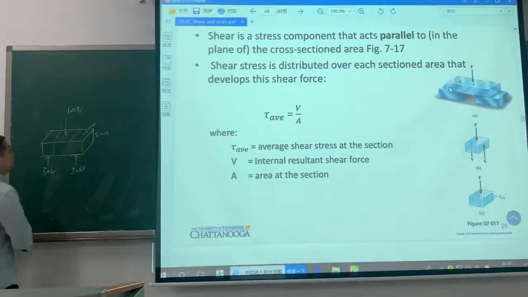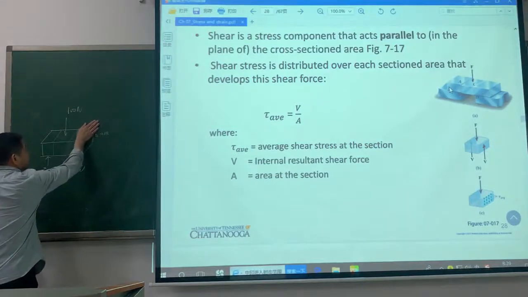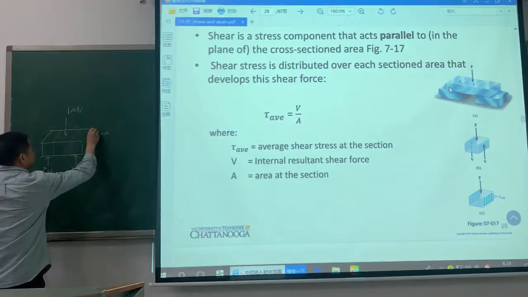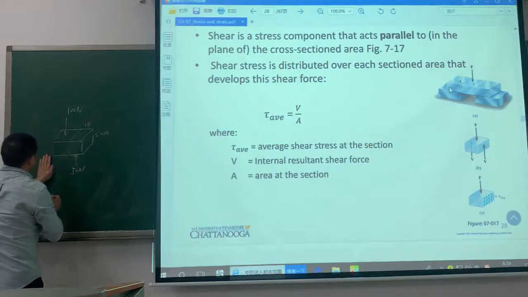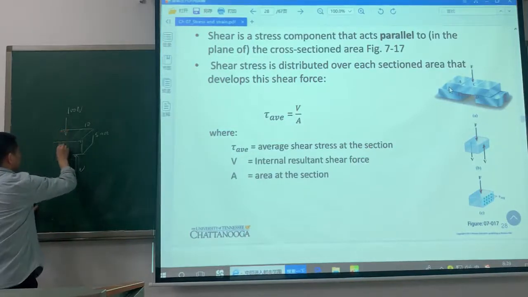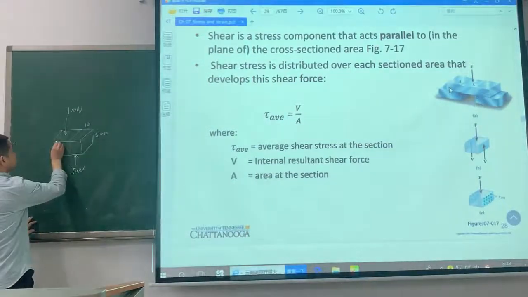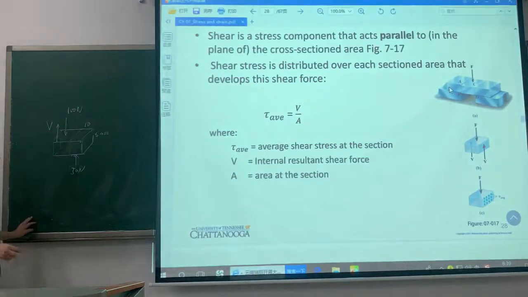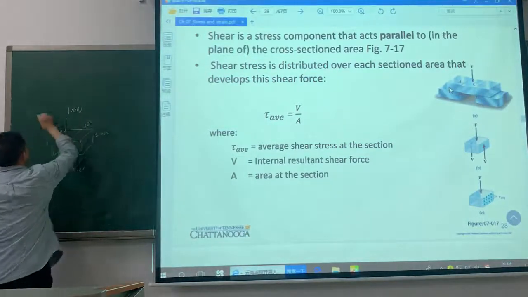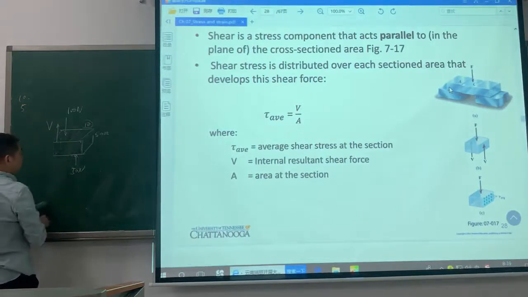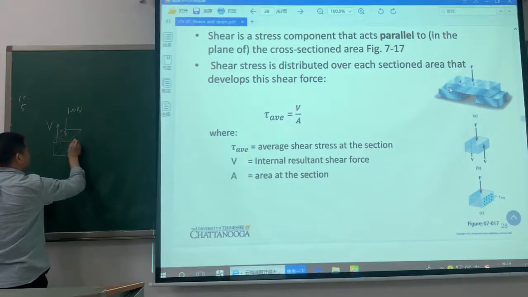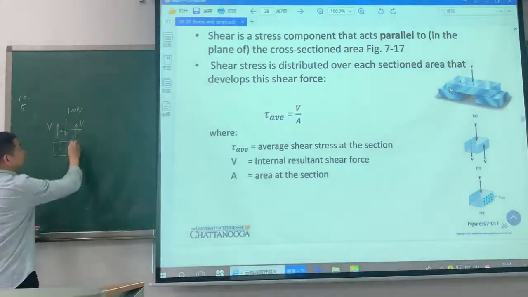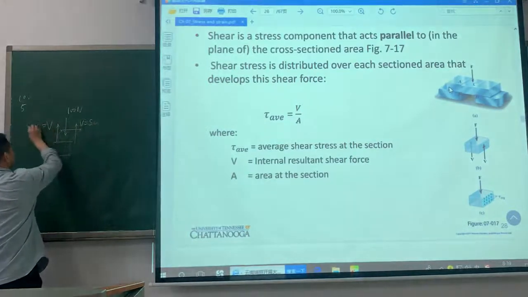The shear force on the section is also 50.